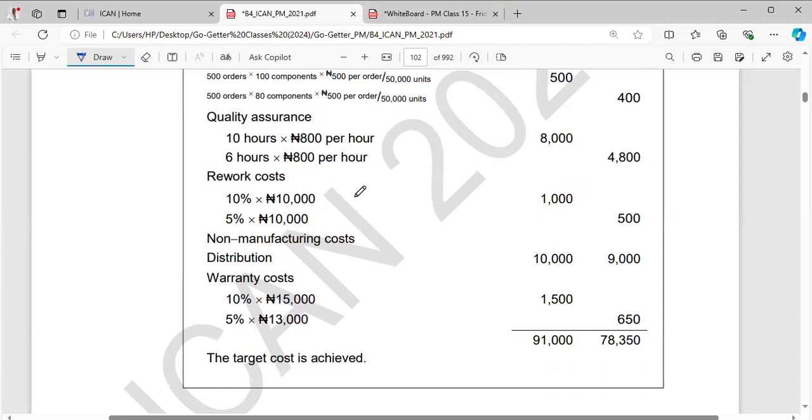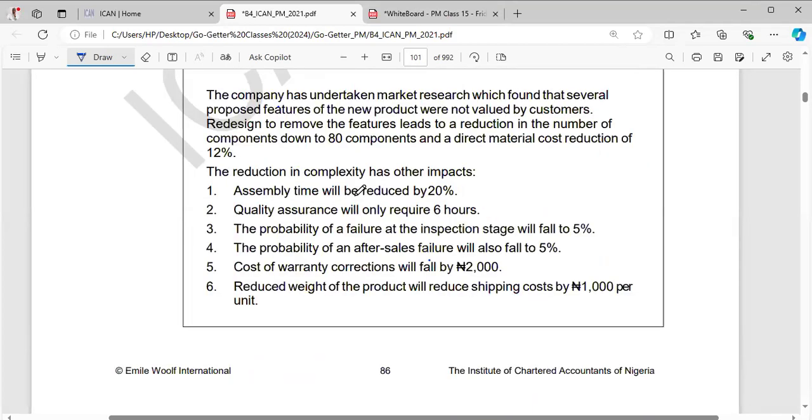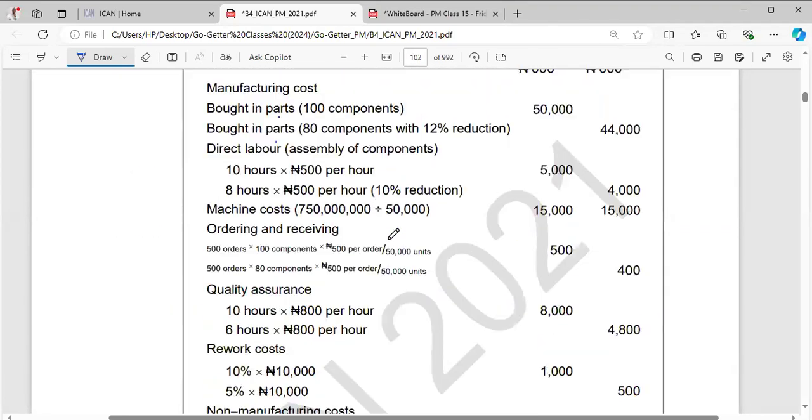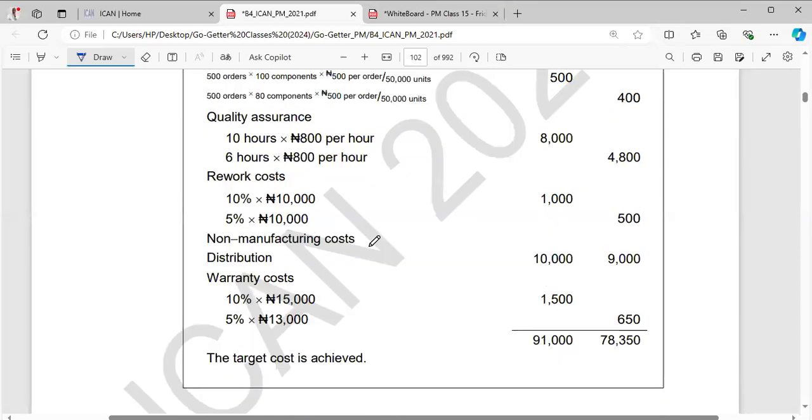How did we get this 13,000? We said correction of warranty costs will fall by 2,000. It will fall by 2,000. So 15 to 13, that's the fall.